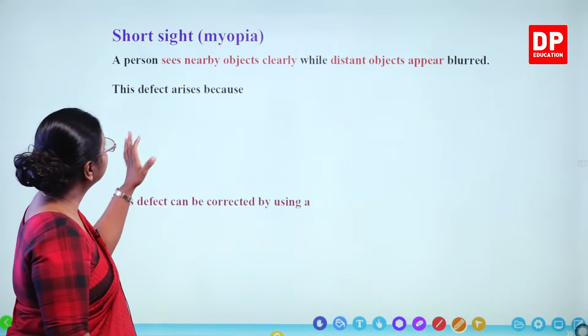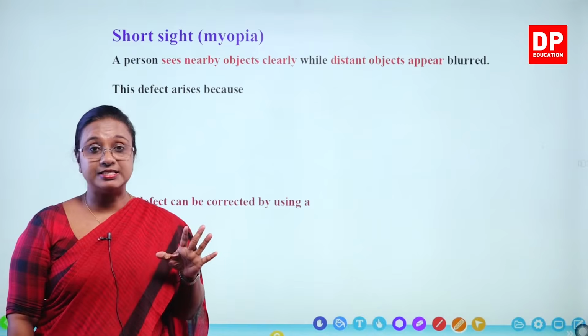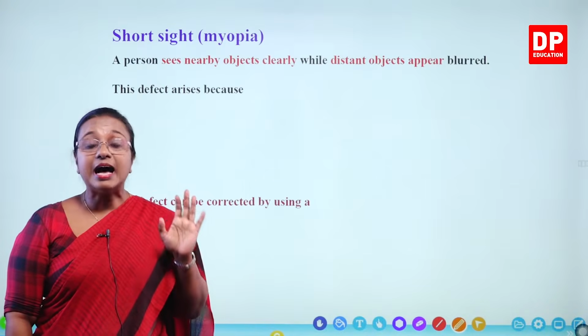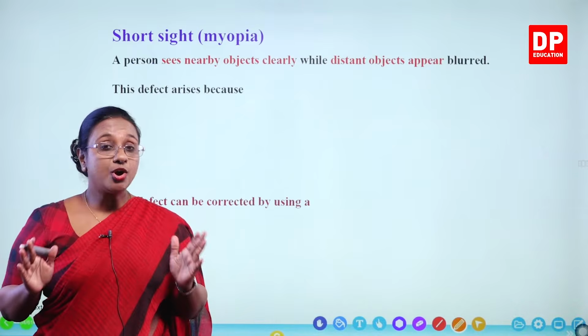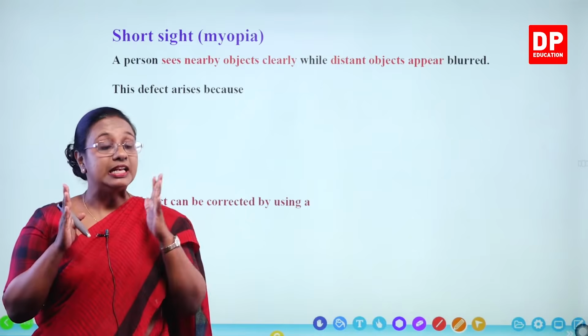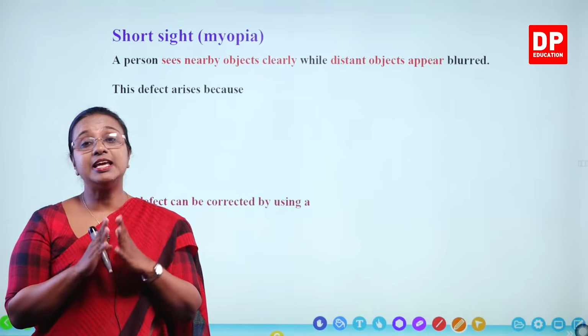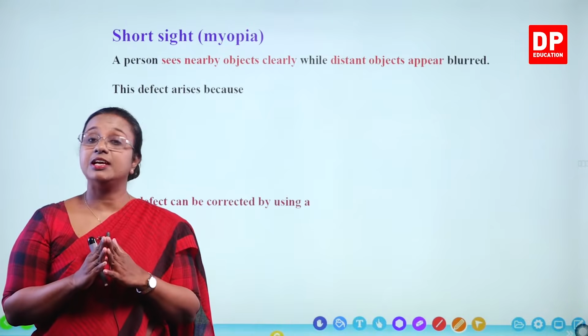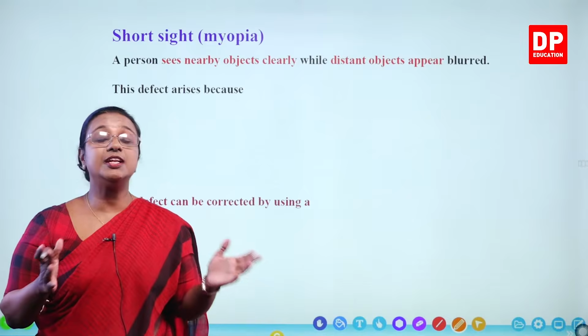And this defect arises because of two reasons. You all know the two reasons. One thing, the eye lens cannot decrease its curvature. Because you all know, students, when you want to observe a far object, the curvature has to become less. So if the eye has the inability to decrease the curvature, then you cannot see the faraway object clearly.